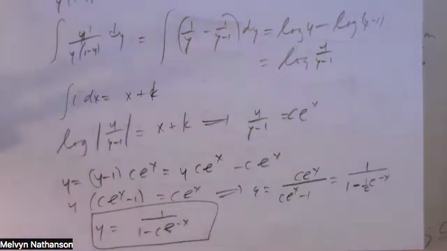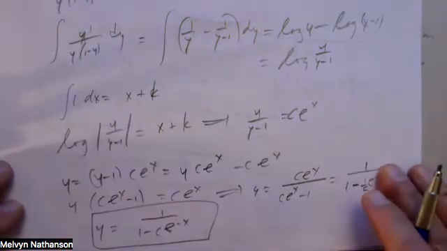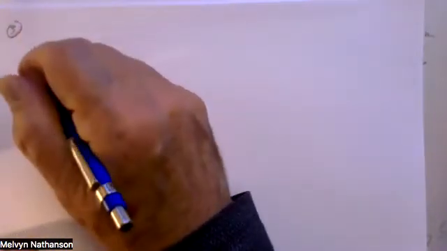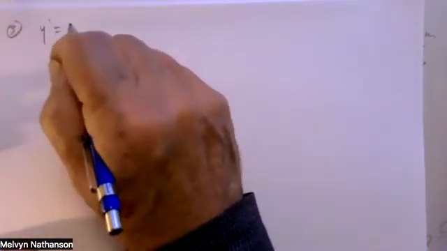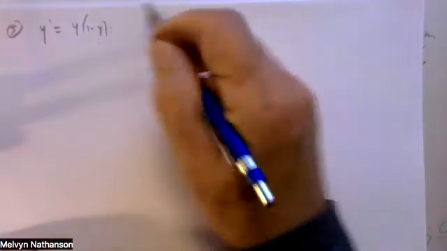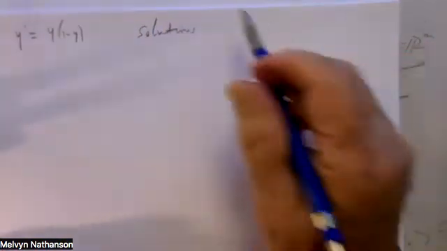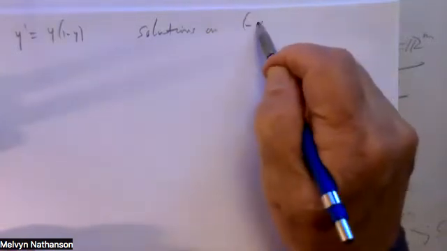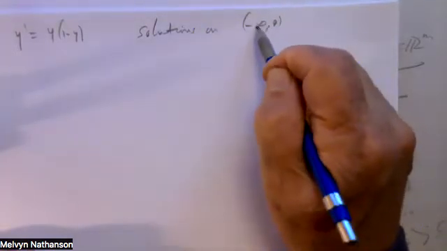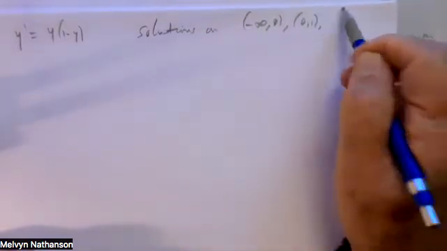So this is the general solution of the differential equation. Let me summarize that. In problem 3, for the differential equation y prime equals y times 1 minus y, we have solutions which can be different on 3 different intervals: minus infinity to 0, open, 0 to 1, or 1 to infinity.